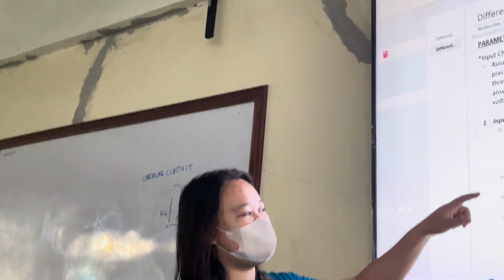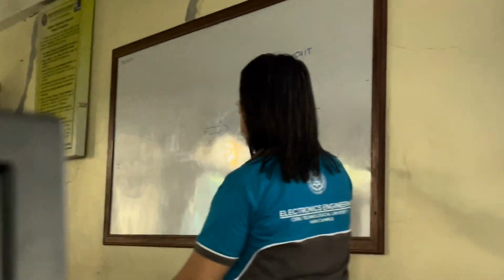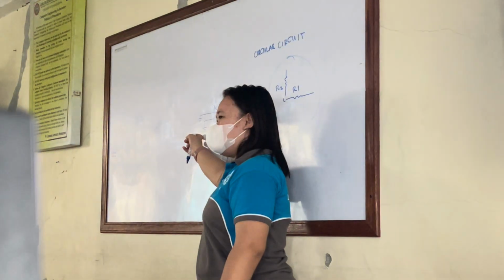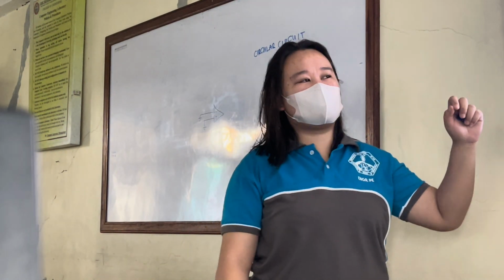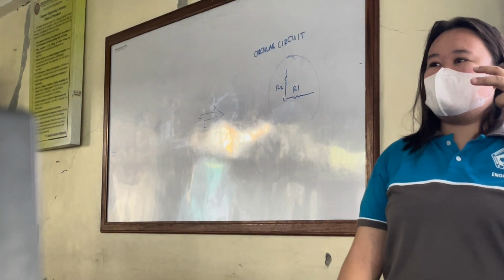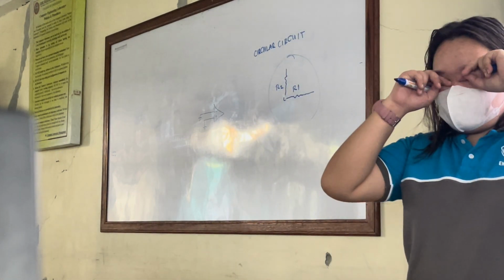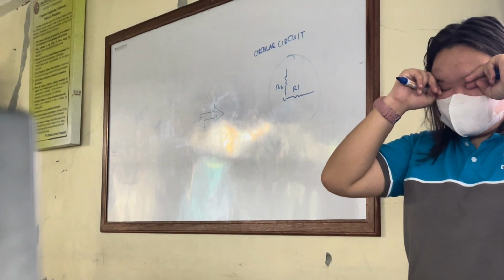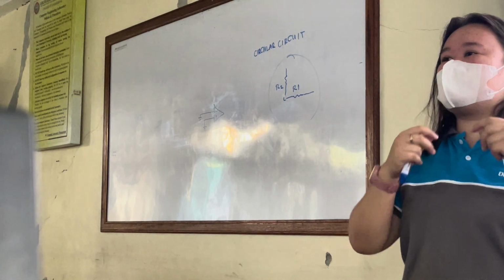But in this case, when no signal is applied, this input bias current will still be needed. Even without a signal, inside our amplifier, it is not always dependent on the signal.